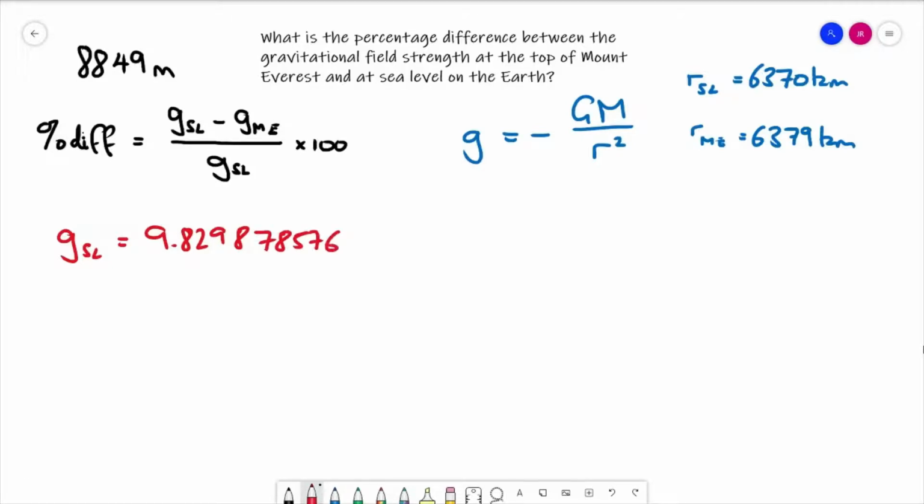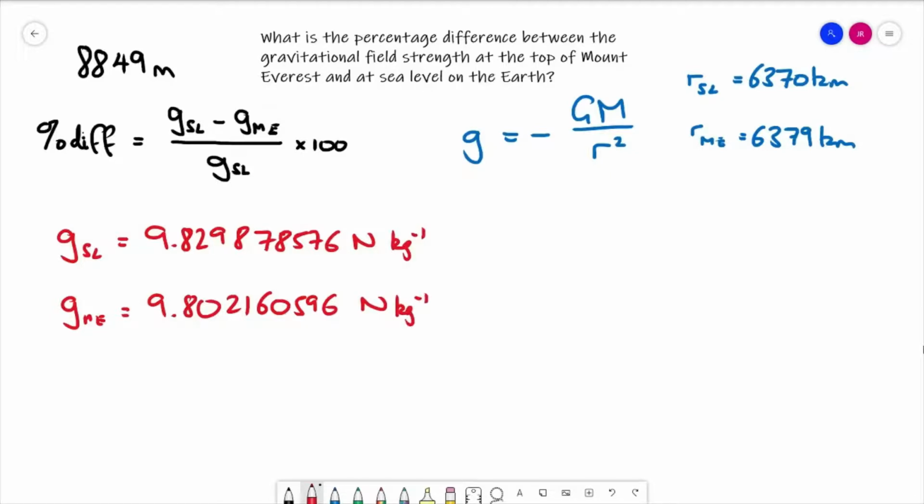That was my full calculator answer. And for g at the top of Mount Everest, I had 9.802160596. Obviously both of those are newtons per kilogram.